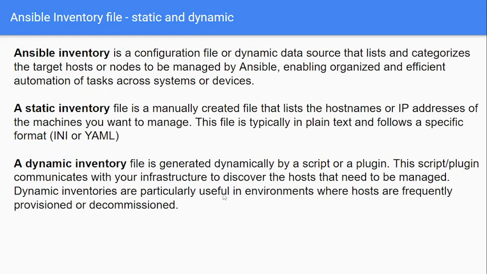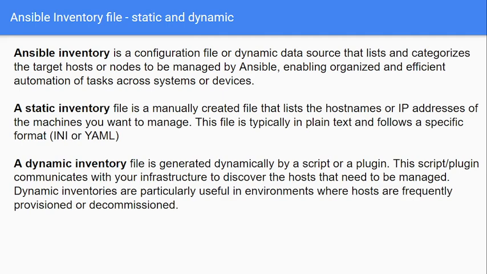So the inventory file, as I said, the Ansible inventory file will have multiple hosts inside it. It will be the IP addresses or host names of the servers which we want to manage. The inventory file can also be static or dynamic.